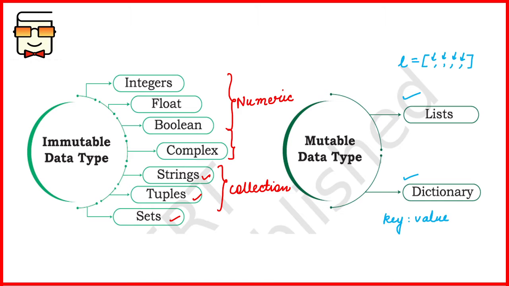So let us first understand what actually happens whenever you try to change the value of an immutable variable. In case of a mutable variable, the old value is directly replaced by the new value at the same memory location. But the process for changing the immutable data type is different. Okay.